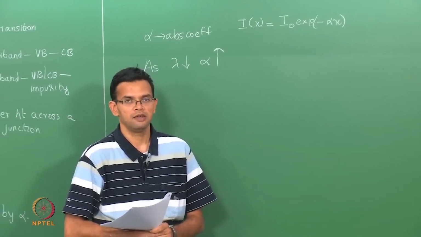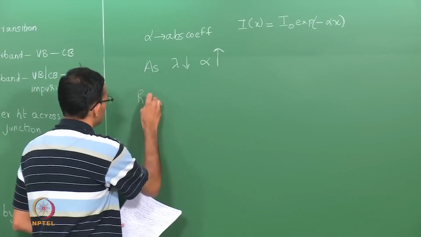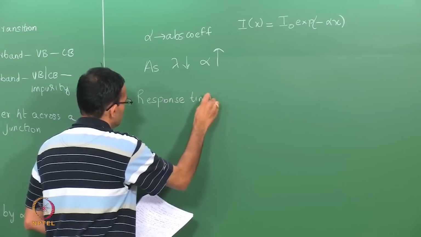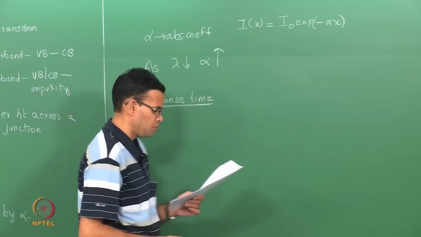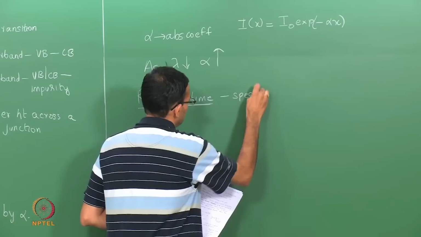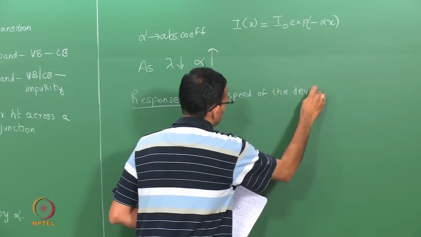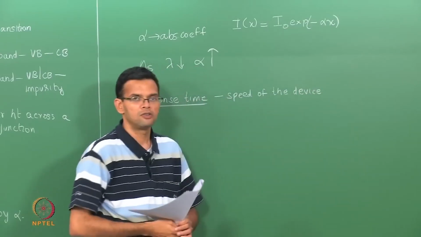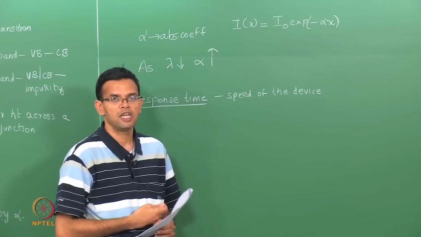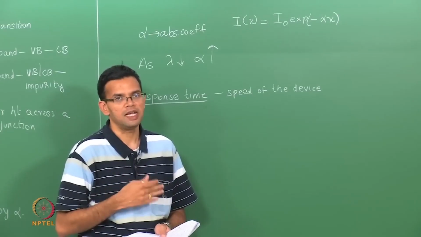Another important factor in the case of a photodetector is the response time. So, this determines the speed of the device. If you think of light arriving in the form of pulses, the response time determines how close these pulses can be, so that they can be individually detected.